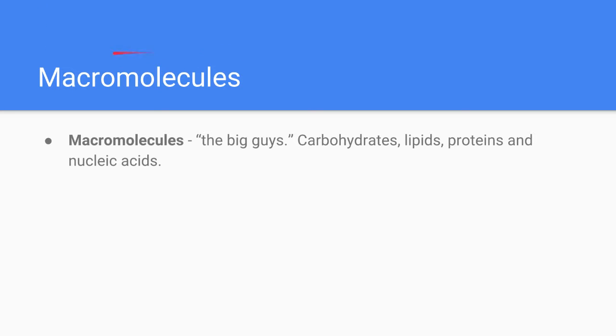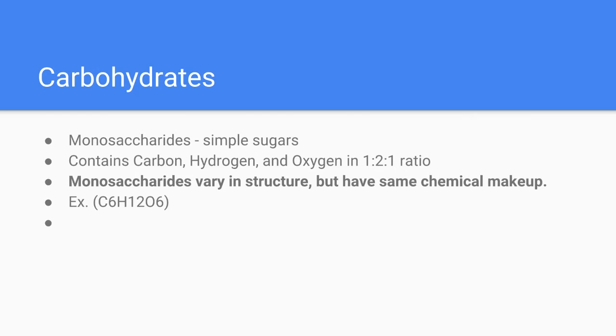Okay, next up we are going to be covering macromolecules. These are the big guys, which include carbs, lipids, proteins, and nucleic acids. First up, we've got carbohydrates. These are monosaccharides, or simple sugars, that contain carbon, hydrogen, and oxygen in a 1 to 2 to 1 ratio. The monosaccharides vary in structure but have the same chemical makeup.